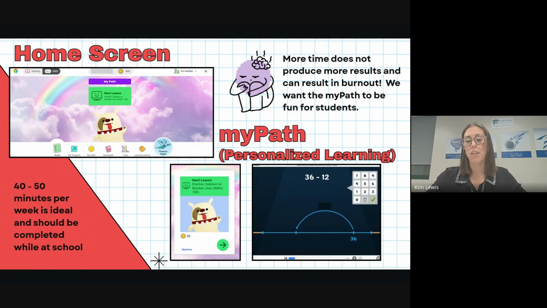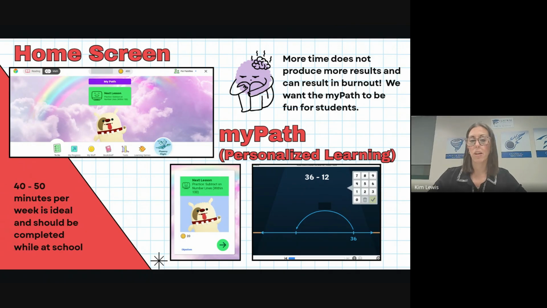MyPath is a personalized learning system that is assigned directly to them based on their individual needs. As I said, we're going to talk about that diagnostic test. How they do on that test determines what MyPath looks like for them, so every child's is different.